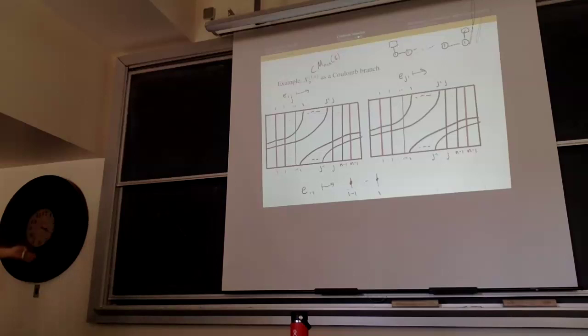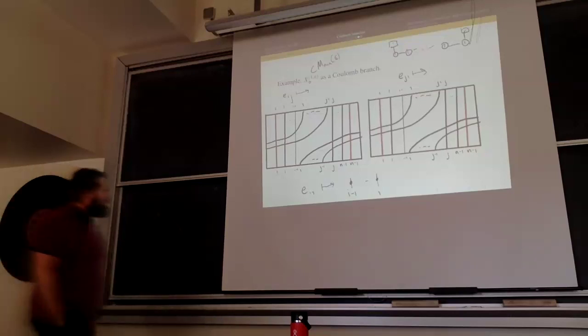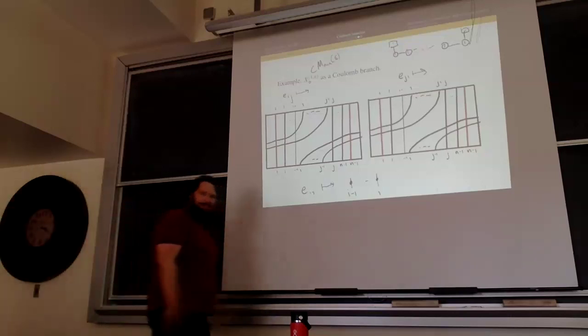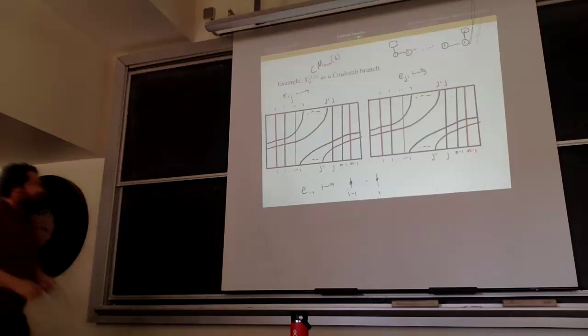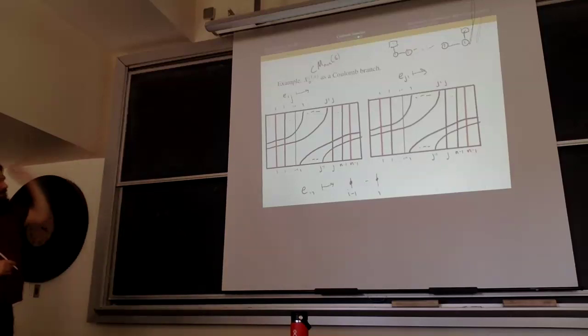So what I was trying to get to was this example of T star CPN as a Coulomb branch. This should be the easiest case possible. So how should we think about this? Well, the affine variety is given by polynomials, or rather matrices, satisfying some algebraic equations. In particular, there are functions on this space which take the actual matrix coefficients.